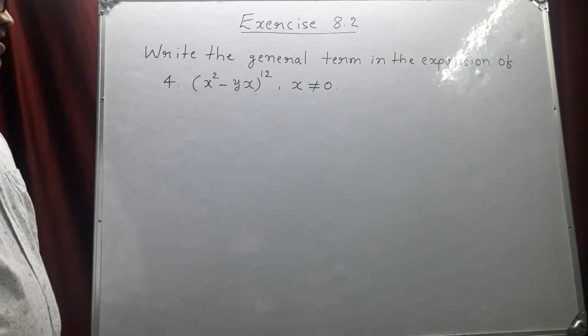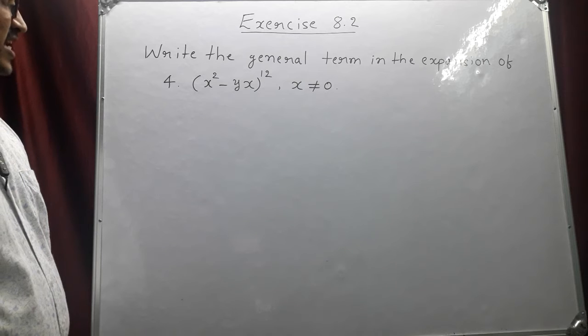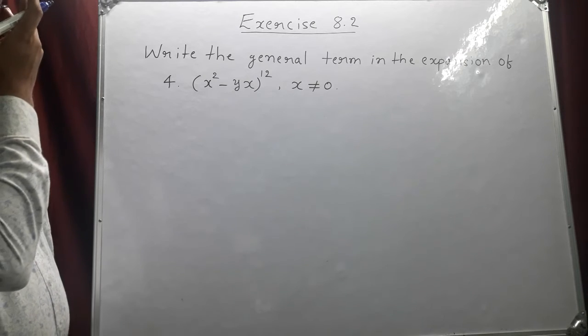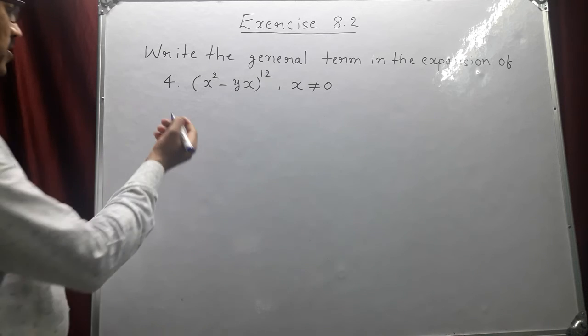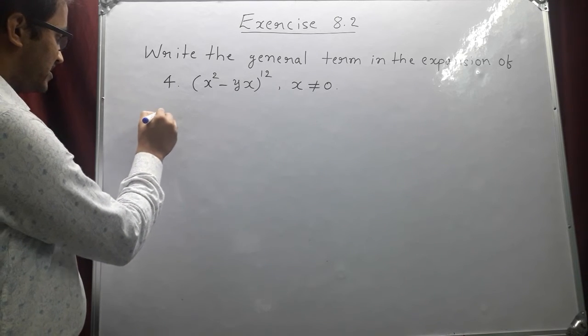Next, fourth one, (x² − yx)¹² with the condition x not equal to 0. So we have to find the general term.